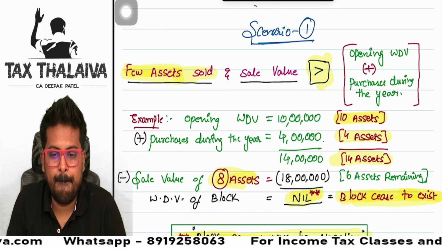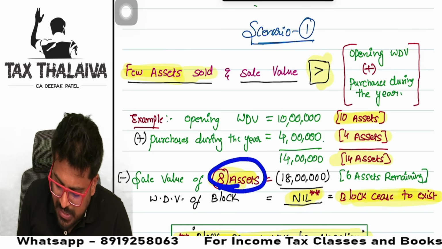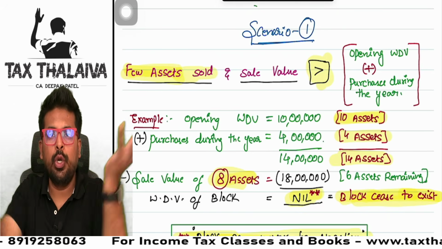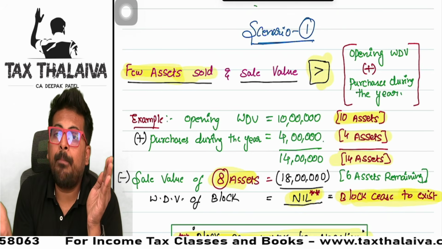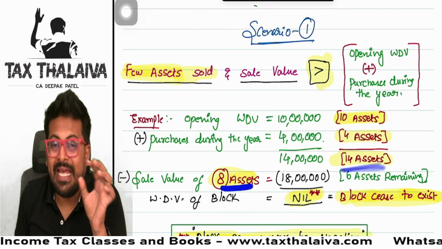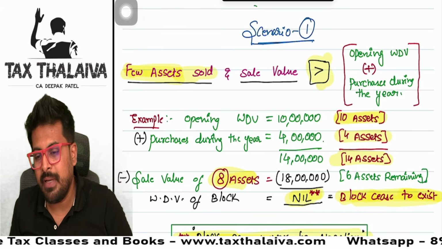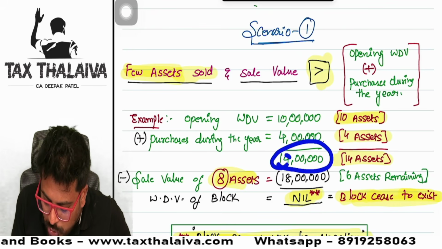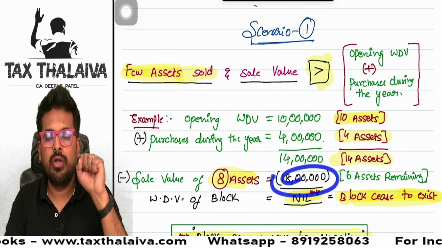Say, for example, you sell 8 assets out of 14 assets. Are you selling all the assets in the block? No. You are only selling a partial block. Out of 14 assets, you sold 8 assets. But the problem is, the 8 assets you sold for a value more than the total value of the block.